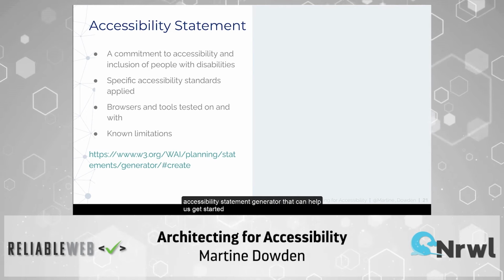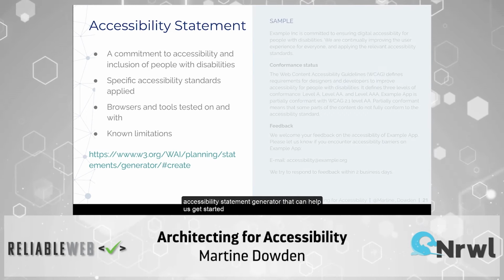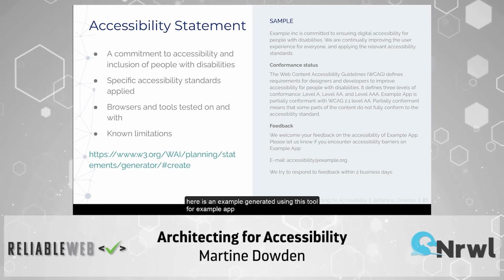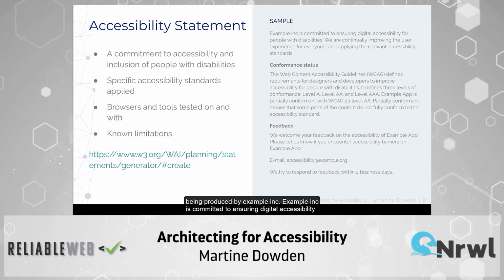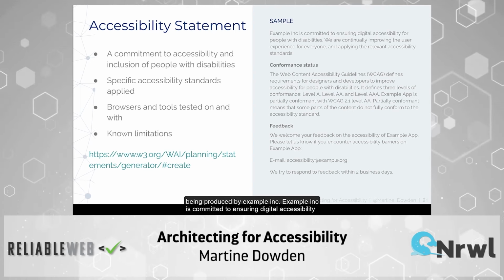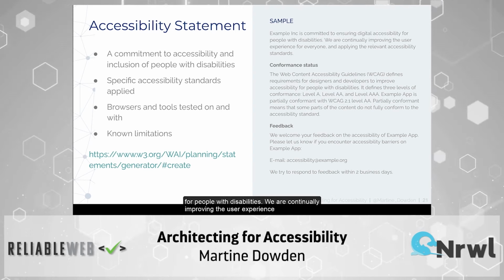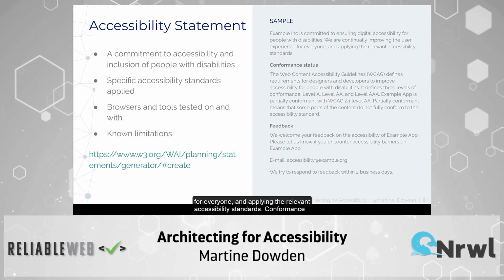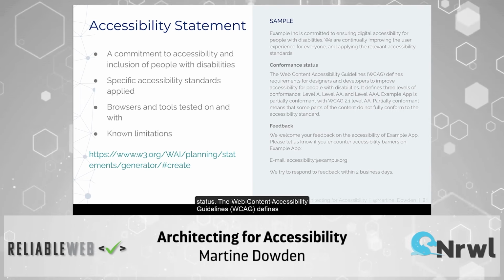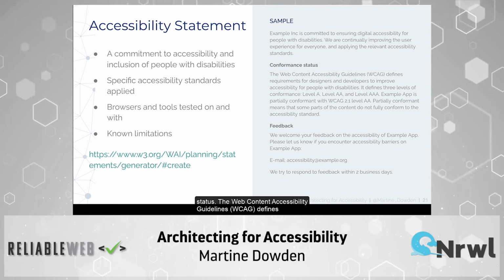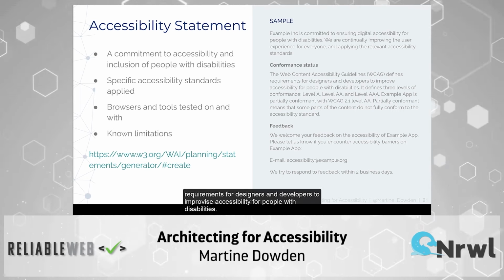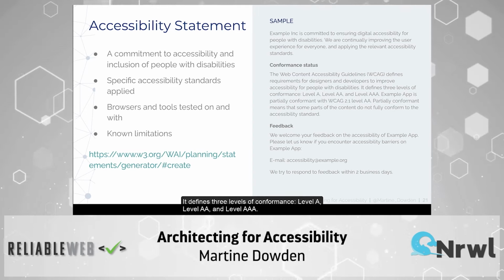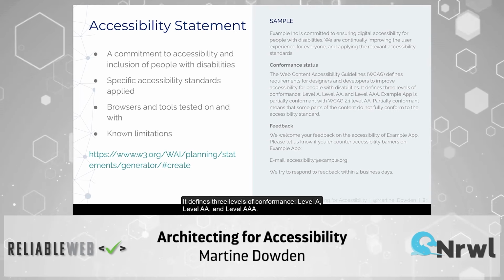W3.org has an accessibility statement generator that can help us get started. Here is an example generated using this tool for Example App being produced by Example Inc. Example Inc. is committed to ensuring digital accessibility for people with disabilities. We are continually improving the user experience for everyone and applying the relevant accessibility standards. Conformance status: the Web Content Accessibility Guidelines defines requirements for designers and developers to improve accessibility for people with disabilities. It defines 3 levels of conformance: level A, level AA, and level AAA.